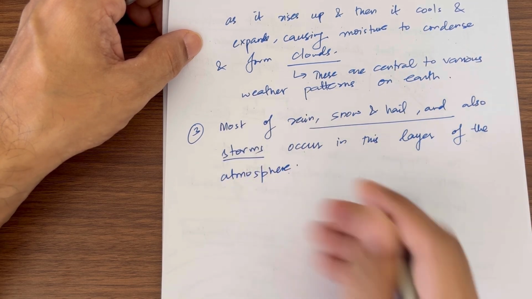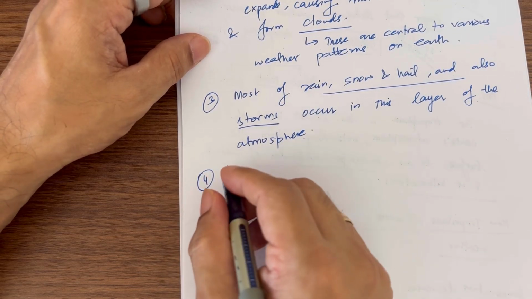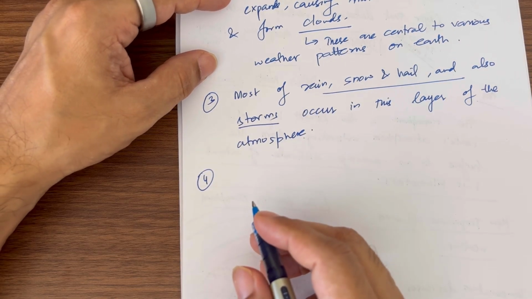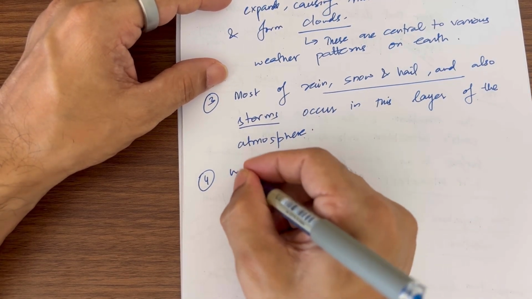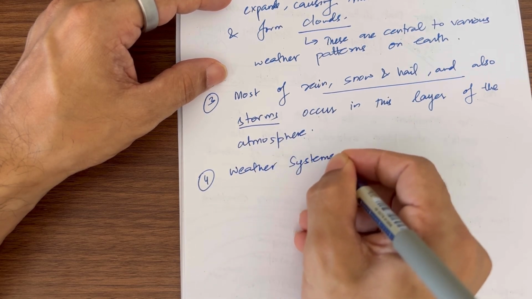Okay, because of this cloud formation process. Then weather systems like high and low area pressure, cyclones, etc., anticyclones are also formed, and they move in troposphere.